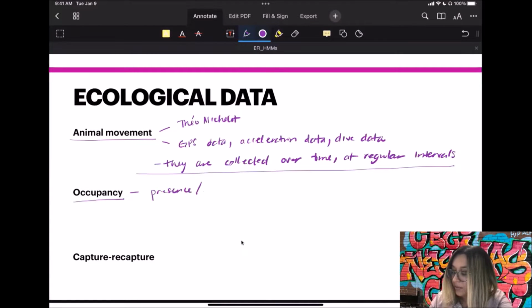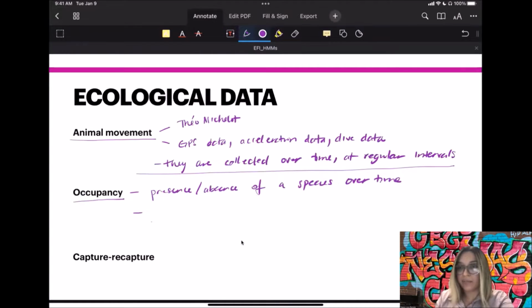So the presence, absence of a species over time. We can think about going to see if we can find this animal in a certain location, and maybe at time t, they are present, but the next time point, which could be a month from then, a year from then, it could be absent.